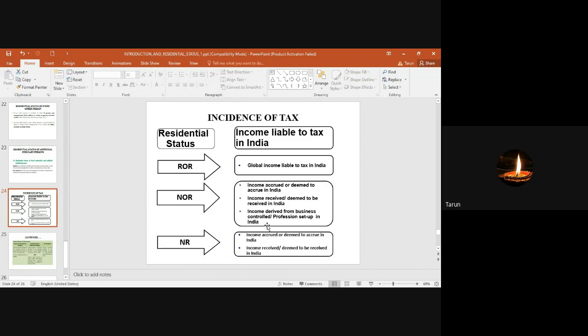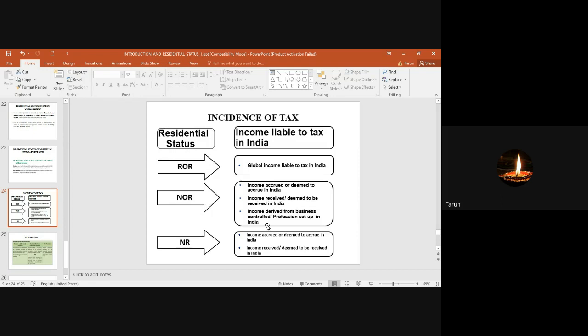So for a resident and ordinary resident, the global income is liable to tax in India. Any income earned in India or from outside India, termed as global income, is liable to tax in India. That particular resident has to pay the tax in India.